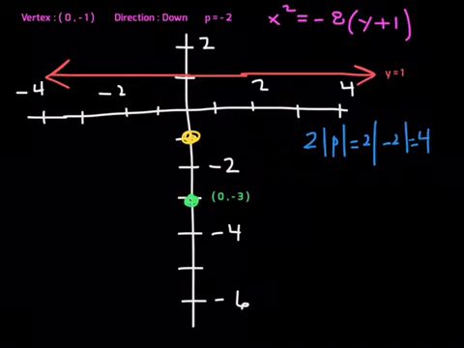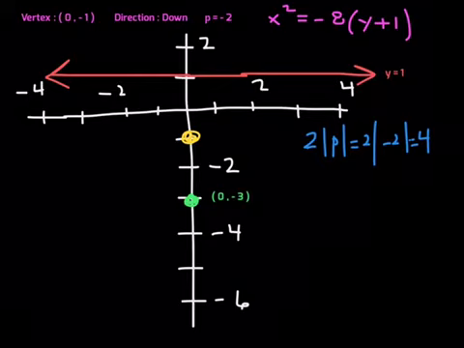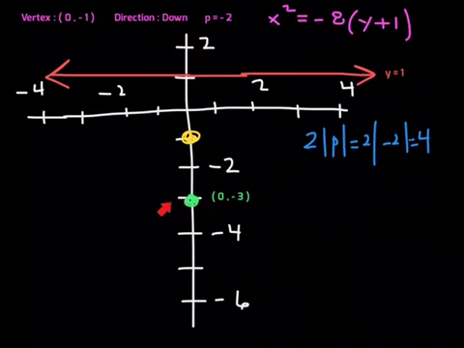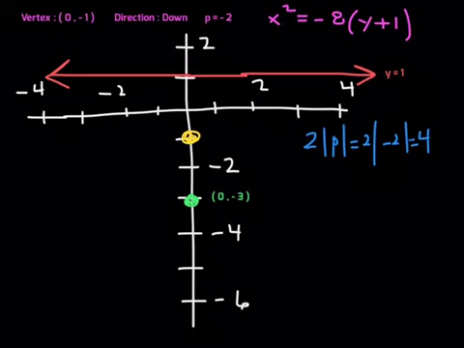So I'm going to move 4 units from my focus to the left and to the right of my focus. And that will give me the endpoints of the latus rectum, which are points on the parabolic curve.